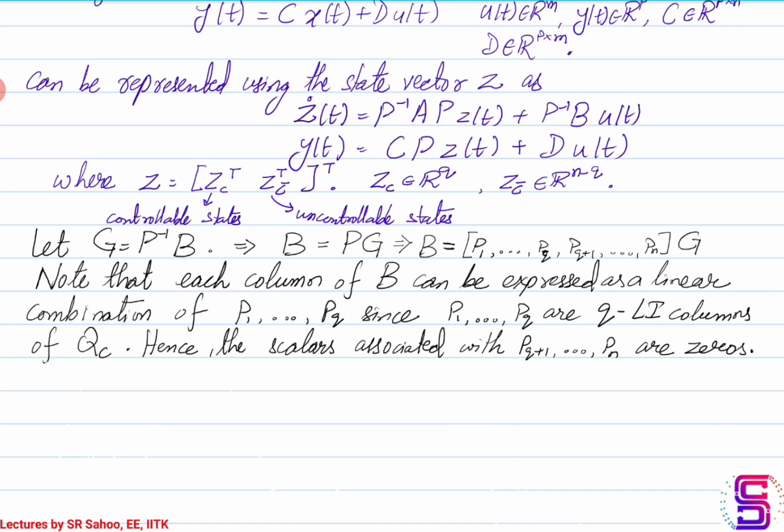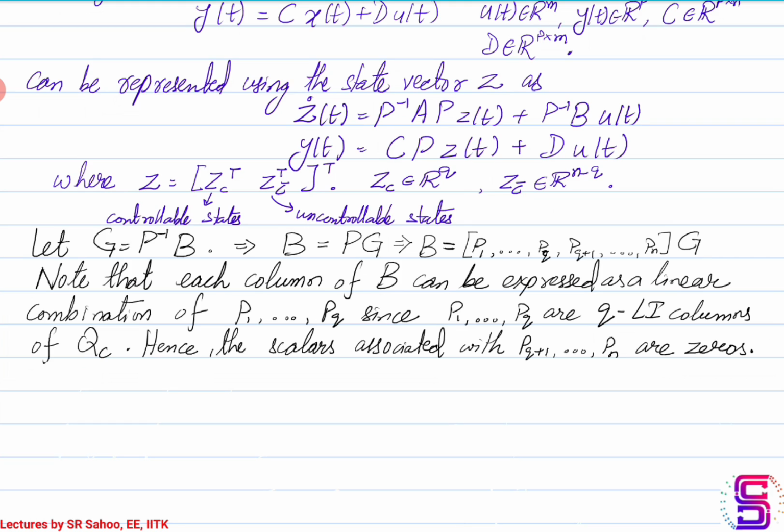So these are the n columns that you have got in P multiplied with the matrix G. What this indicates is that each column of B is a vector arising out of the linear combination of P1 till Pn, and the coefficients associated with the linear combination correspond to the entries in the column of G. So the first column of B is a linear combination of P1 till Pn, where the scalars in the linear combination come from the first column of G. Okay, that is how the structure is.